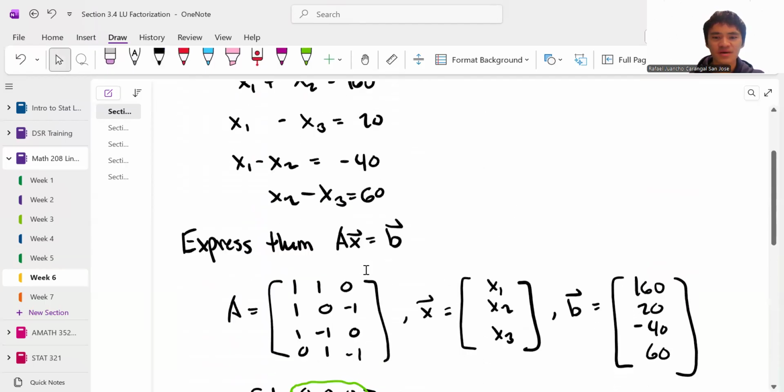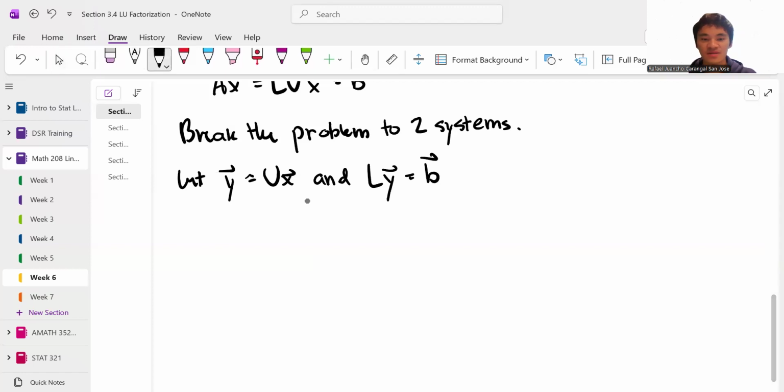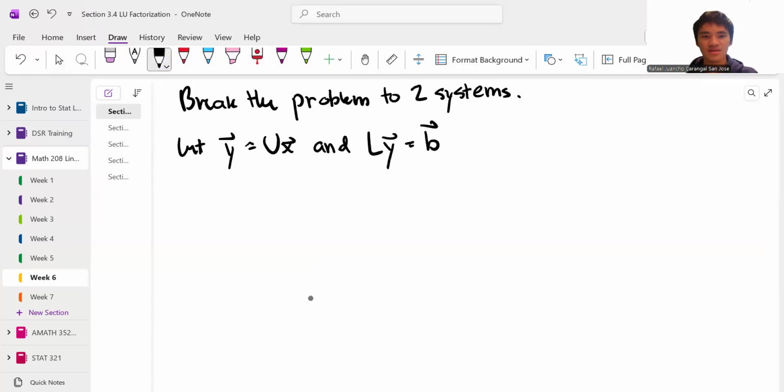Now you might be wondering, why not just do it directly? Why make it complicated and solve two things? Well, for one, solving a matrix that's upper triangular or lower triangular is actually easier than solving a regular matrix. Let's try the first one.